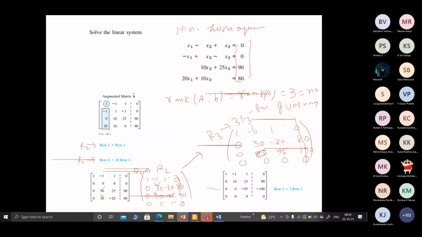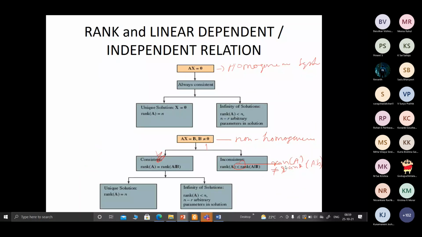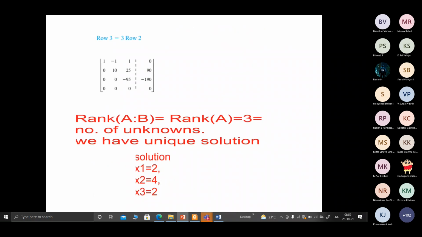Unique solution. Look at this point: rank of A equals rank of AB equals n, where n is the number of unknowns. They are the same, so you will get a unique solution.